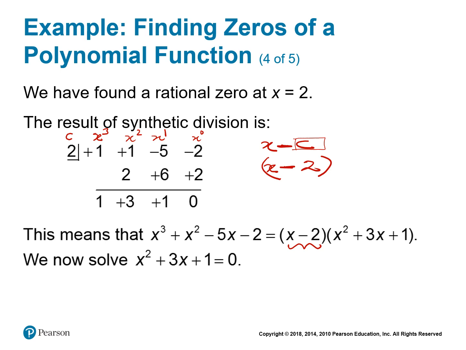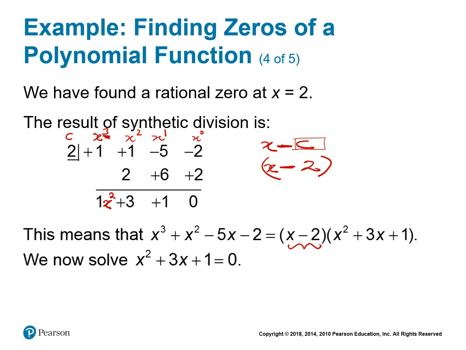So in order to come up with the exponents of the quotient, look at the exponent of the original function and make the exponent 1 less than the original function. The first term in the original polynomial was a 3, so the first term in the quotient is going to be 1 less than 3, which is 2.